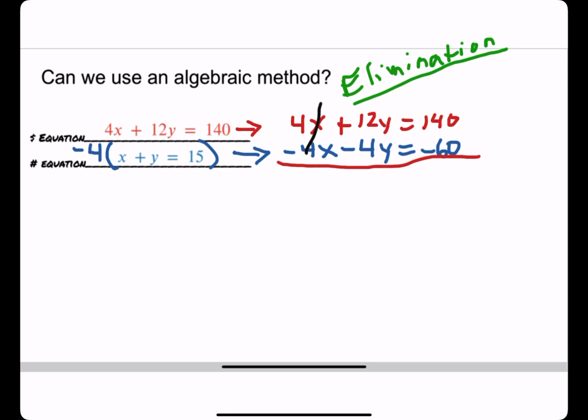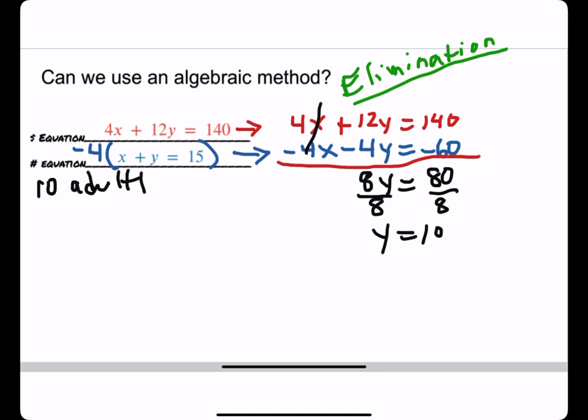They're additive inverses. I'll be left with 8y equals 80, dividing both sides by 8, y equals 10. And that, if you remember, was my number of adult tickets. So once again, there are 10 adult tickets.